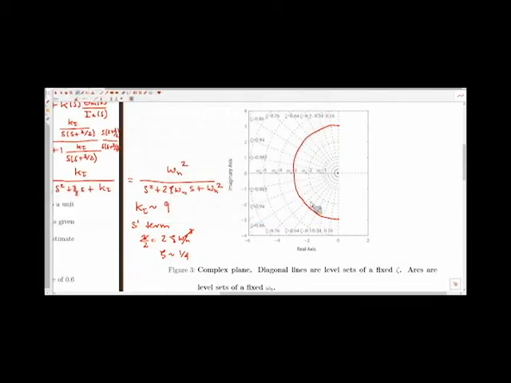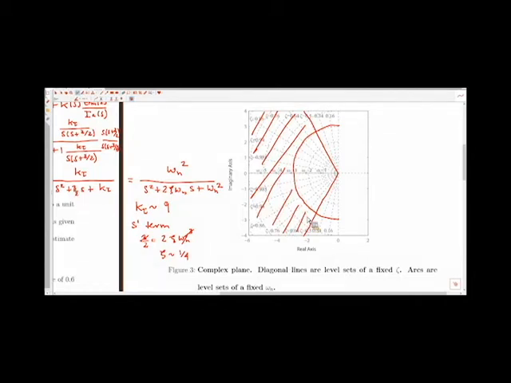This is directly from MATLAB, where they'll often plot level sets of zeta on a map for you if you use the grid function for pole zero maps. So that would be this region. And so then we would say that we want to put our poles somewhere in this region to satisfy those design requirements.